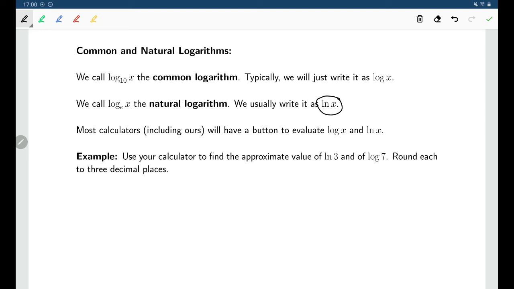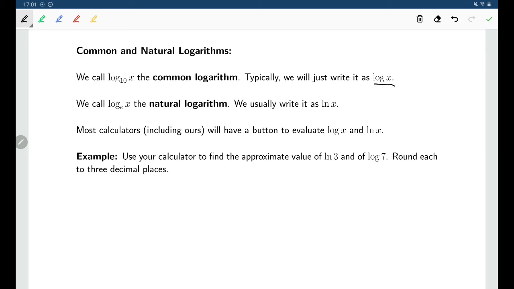I do want to be careful here, and this is something for anyone who's taking other courses in the future, maybe using other books from other countries, which is this notation of log x, meaning the common logarithm. That's typical in North America. So in Canada and the US, you'll often see that log x means the common logarithm. You'll sometimes see in some European countries, Germany in particular, where log is actually used to mean the natural logarithm.